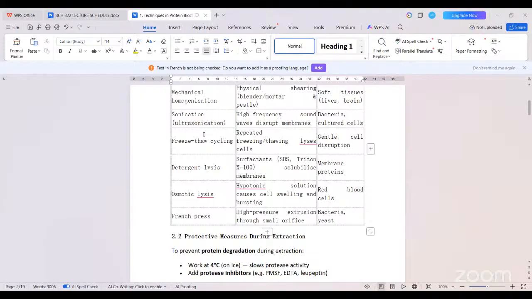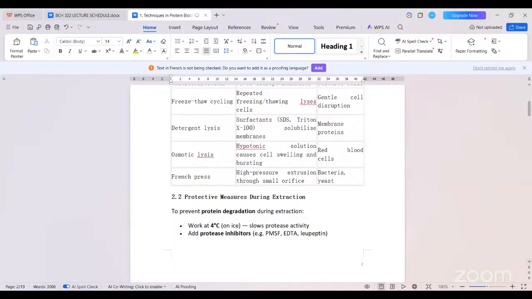After homogenization, the next step is prevention of protein degradation. How do we prevent the protein that has been extracted from the cell from getting destroyed? Number one, as I said at the beginning of the lecture, is to know the working temperature for each of these samples. Most proteins work best at 4 degrees Celsius. That means you must work in ice.